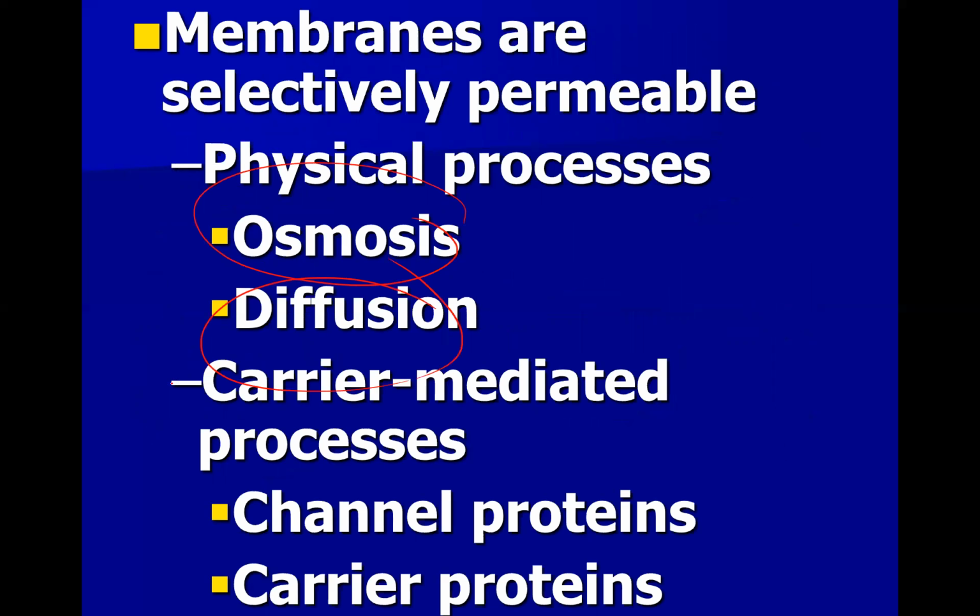Next time, we'll talk about the use of proteins. And that's when the cell membrane actually has some control as to what it allows in or what it gets rid of. But today we're going to talk about osmosis and diffusion.